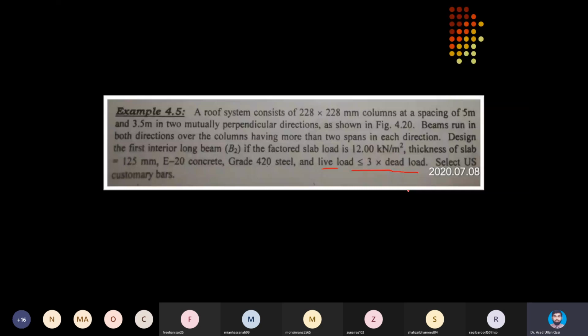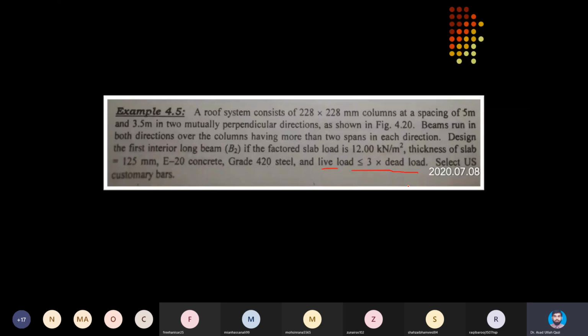A few other limitations are that spans should not differ by more than 20% of the shorter span. So in this problem, all spans are equal. Loads are uniformly distributed. This is a slab system, so there is no varying load or point load. It is for gravity loads, so dead and live loads are present.